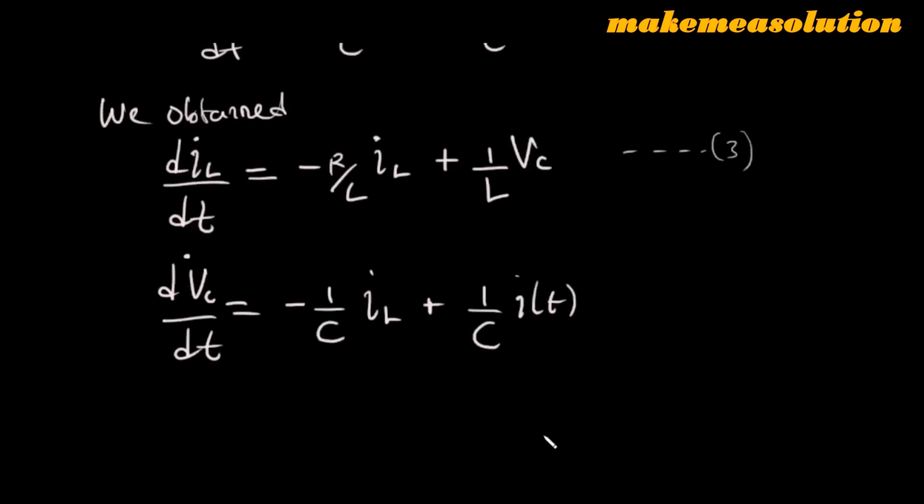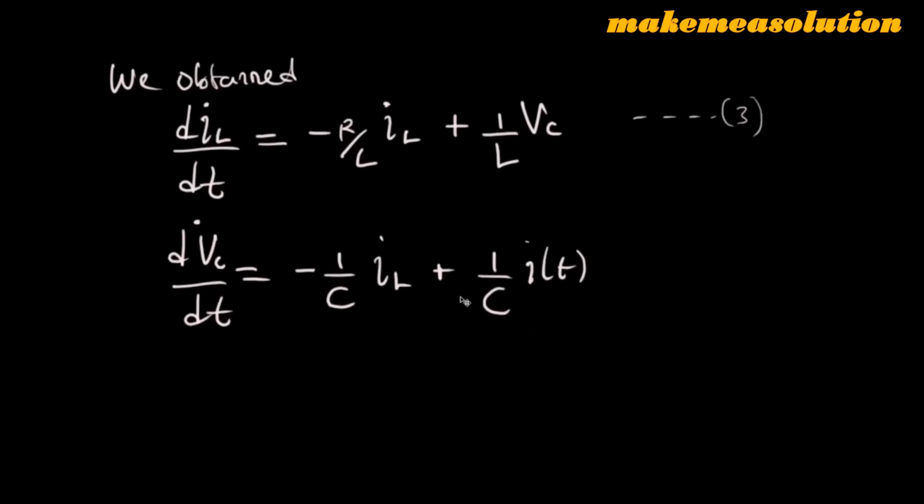So I'm going to copy this to another section of our page. Okay, so this is what we obtained previously. Now we want to wrap it up into our state matrix.